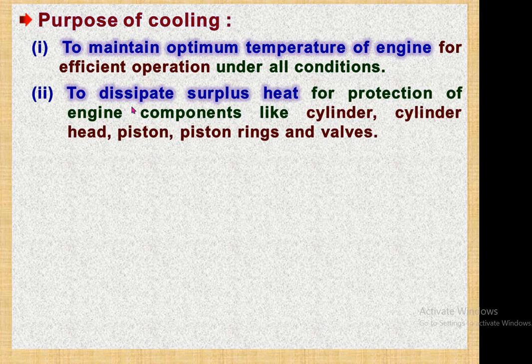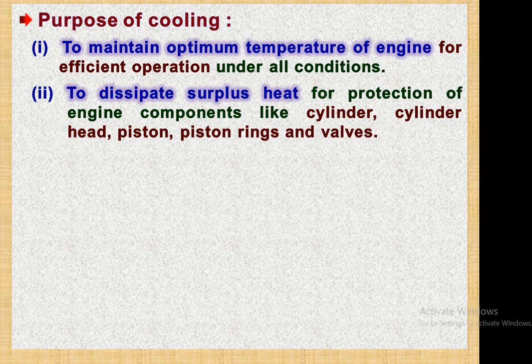Then second, to dissipate surplus heat for protection of engine components like cylinder head, piston rings and valves. We know that during the power stroke, combustion of the fuel produces a high amount of heat, and if this heat is not removed by the cooling system, then there may be surplus heat in the cylinder piston system, or we can say our engine.